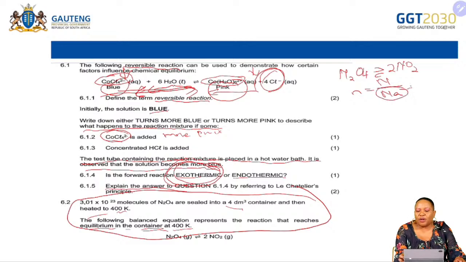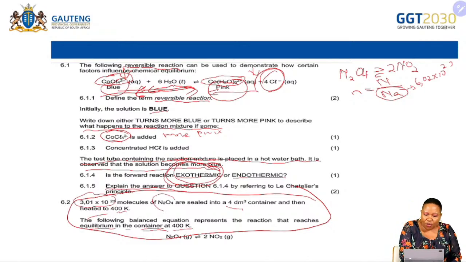And we also explained that our Avogadro's number is 6.02 times 10 to the power 23 particles. So we already know that if we are given the particles and the molecular formula, we need to find the number of moles one way or another. So we are given these particles of N2O4 and we need to calculate the number of moles.